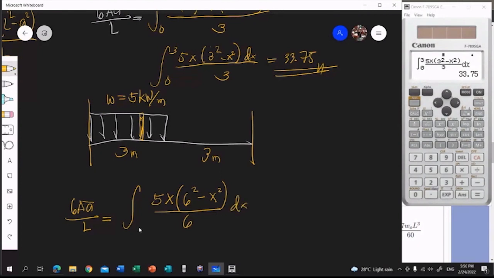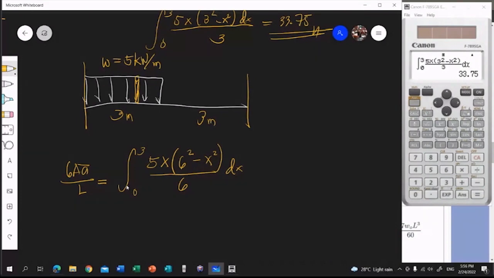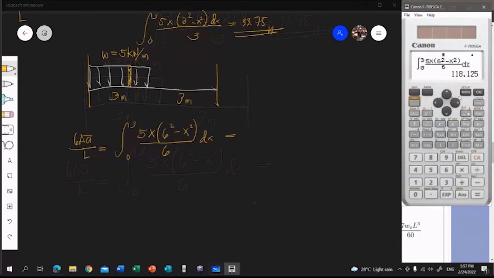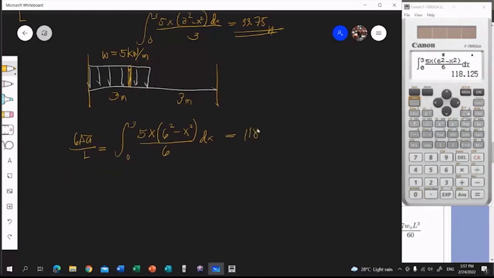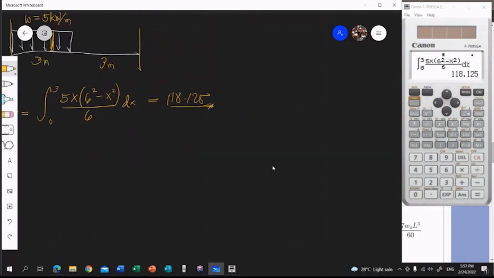What is the limit of the loading? From 0 to 3. The result is 118.125. That is easy.